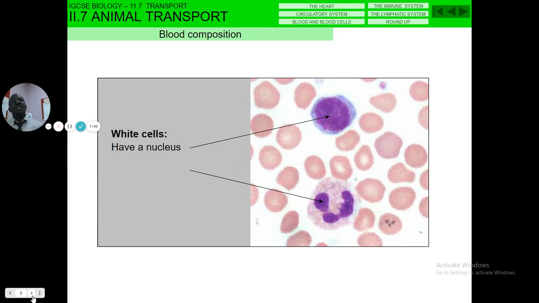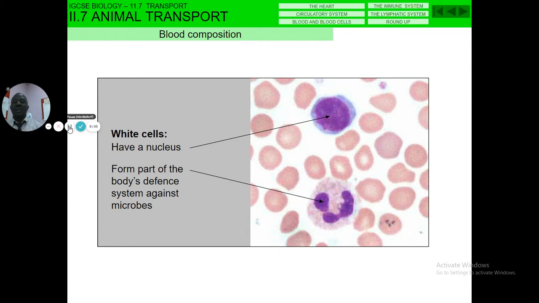So we can make the difference between white blood cells and red blood cells. White blood cells have nuclei and different shapes compared to red blood cells. Red blood cells lack nuclei when mature.